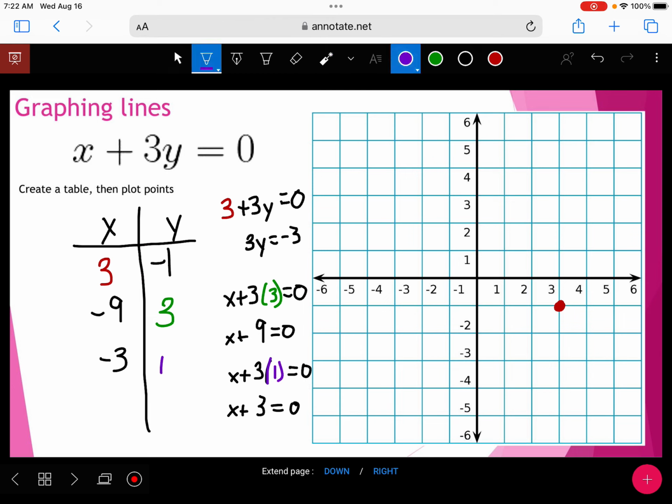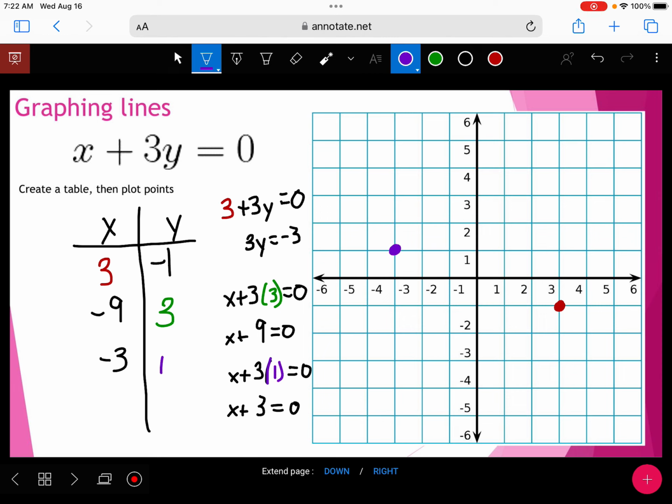And then we have negative 3, 1. So that gives me something. Something's better than nothing.